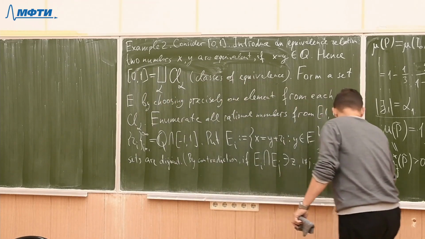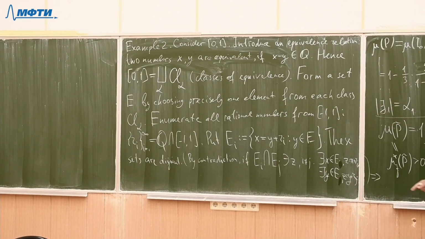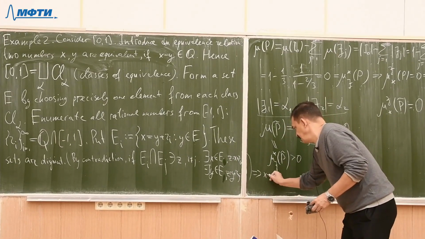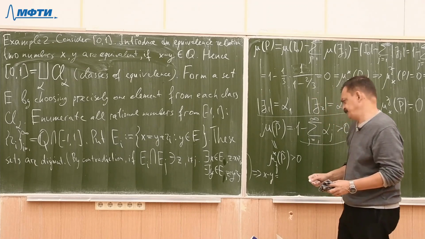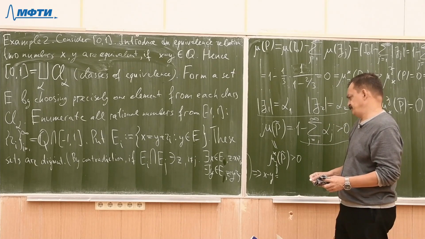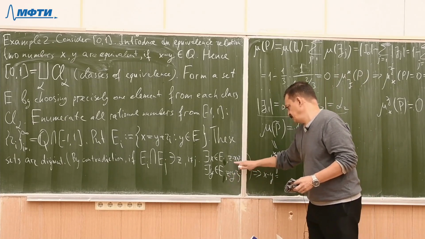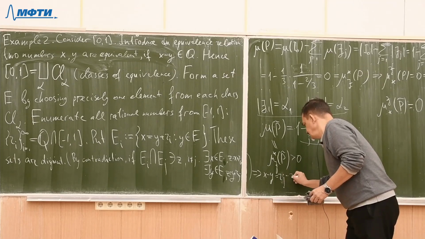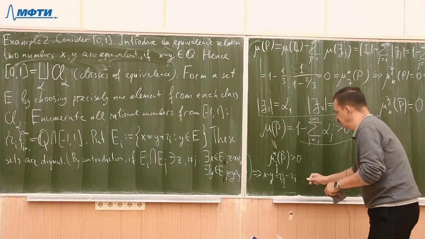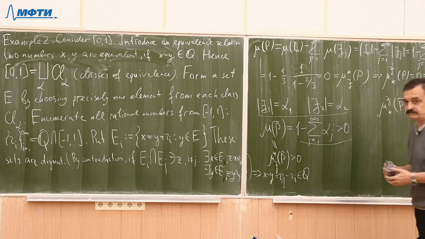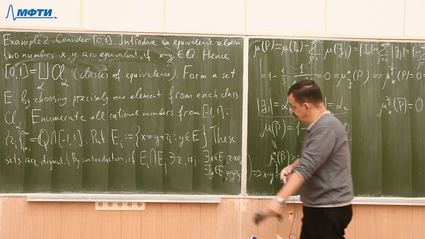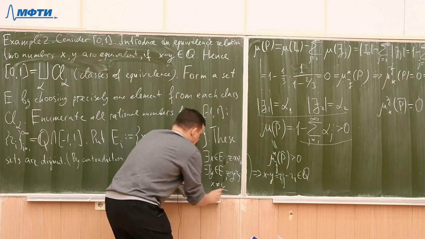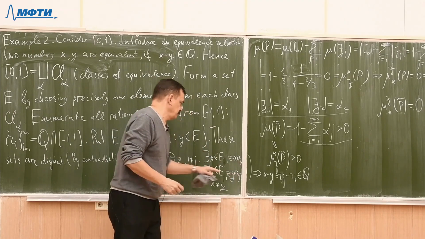It follows from those two that if we subtract, then we obtain 0 equals X minus Y plus r_i minus r_j, which is a rational number. And of course, X is not equal to Y, because r_i and r_j are different.